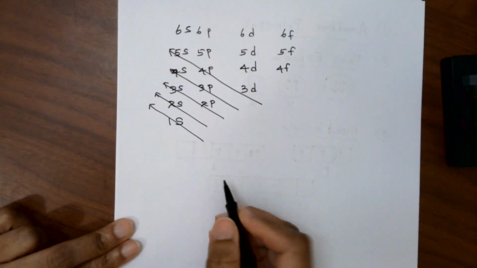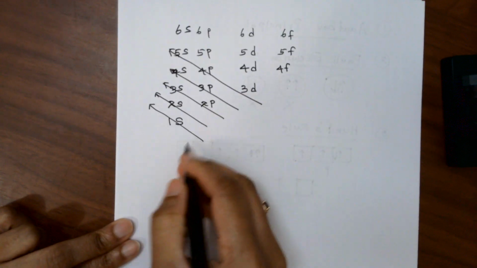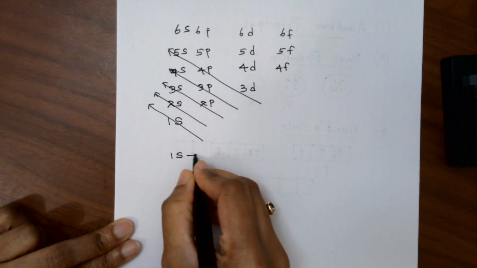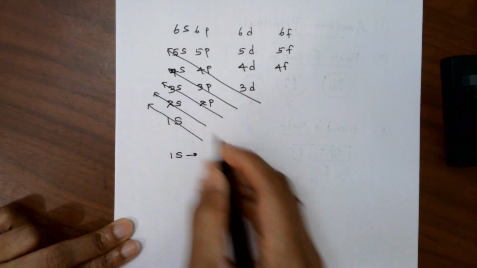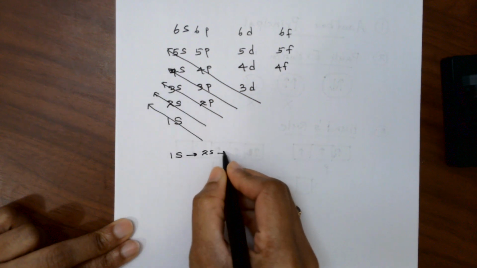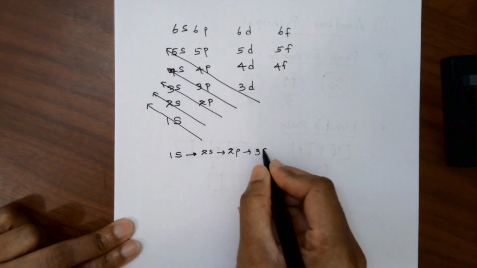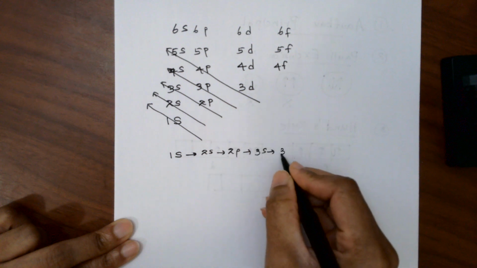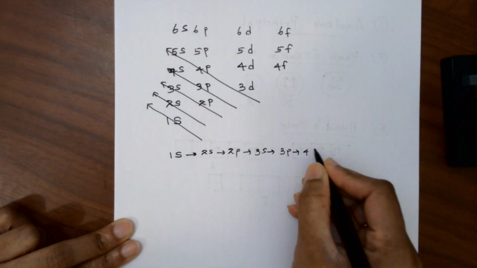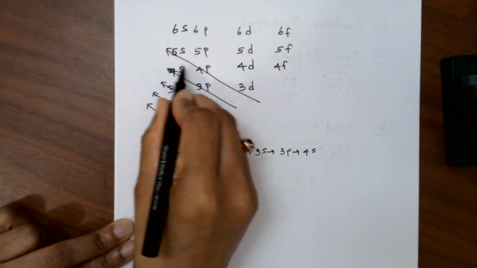Now you can see the electron filling pattern. First you fill the electrons into the 1s, and then the 2s, and then the 2p, and then 3s. Next one is 3p, 4s, and then go backwards.